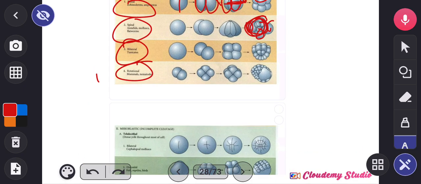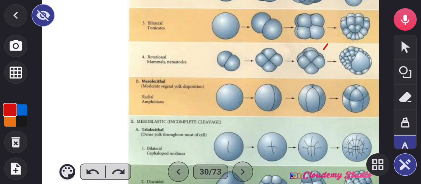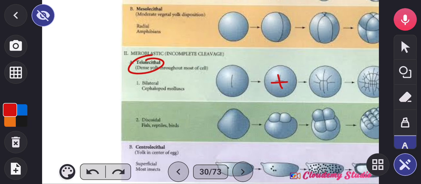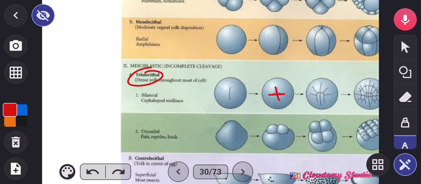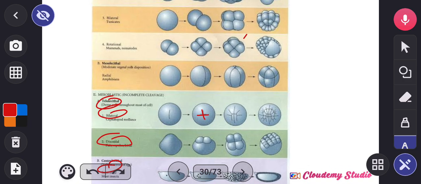And we also have the telolecithal egg, which can undergo meroblastic cleavage, and as I've shown you before, they form something we call the blastodisc. And we have the discoidal. This is bilateral cleavage, this is discoidal, and this is superficial cleavage. What happens in superficial cleavage is karyokinesis without cytokinesis. That's the division of the nucleus without the division of the cytoplasm.